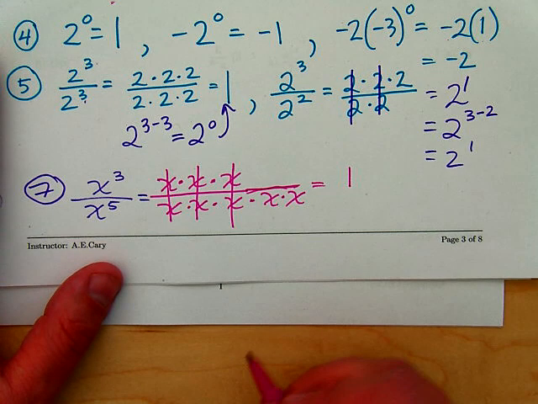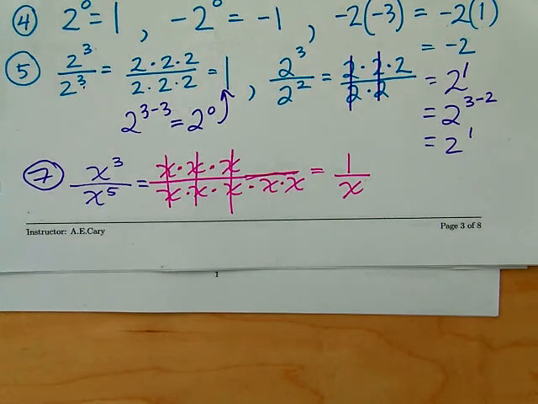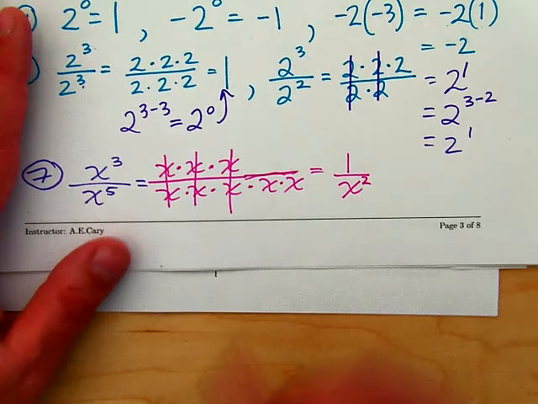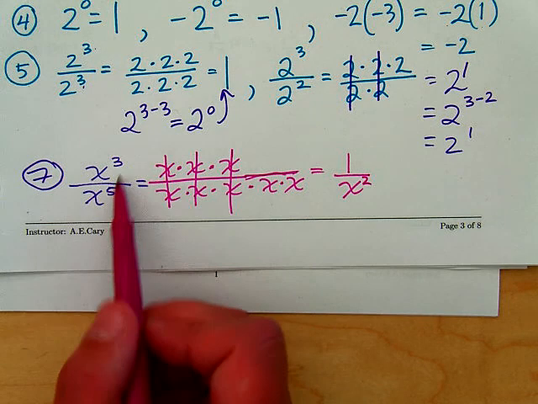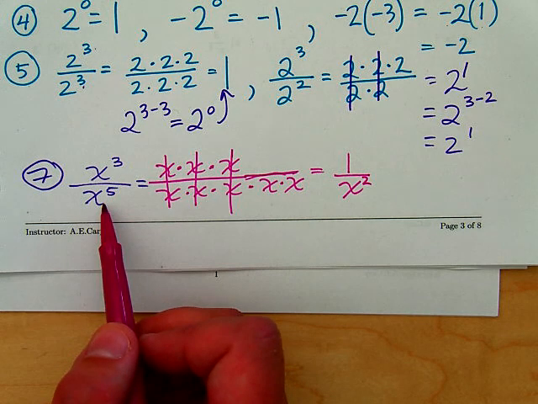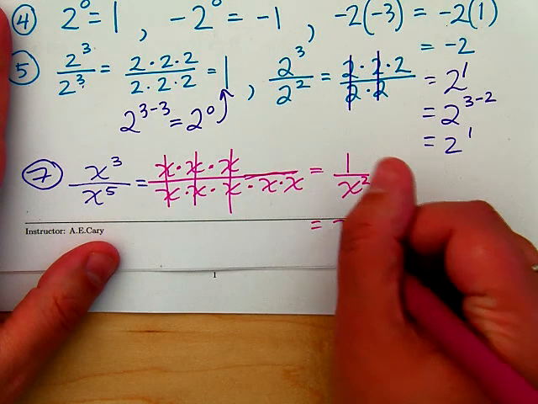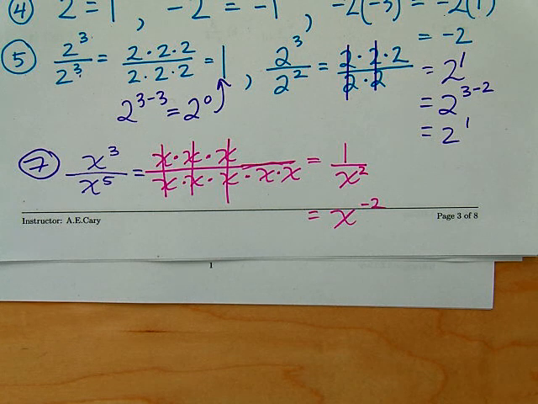What do I have in the denominator? 2. Oh, wait, x squared, not 2. I have 2 x's. That's what you meant by 2. What would happen if I subtract these things? 3 minus 5 is x to the negative 2. That's where we're seeing that reciprocal again.